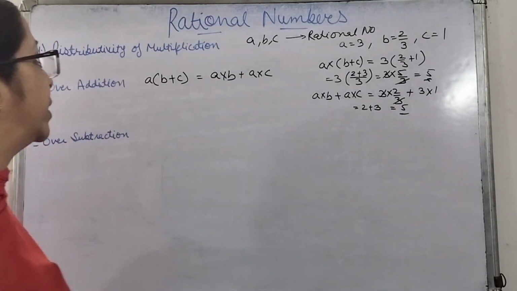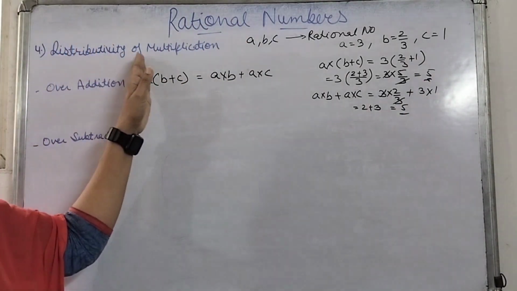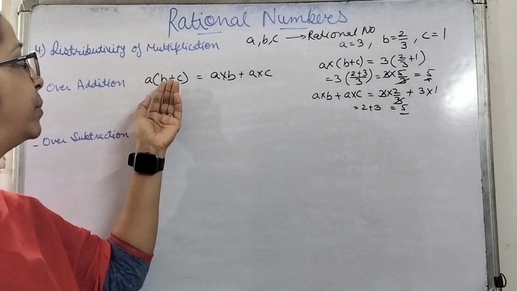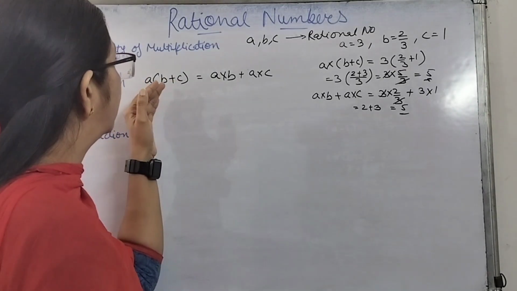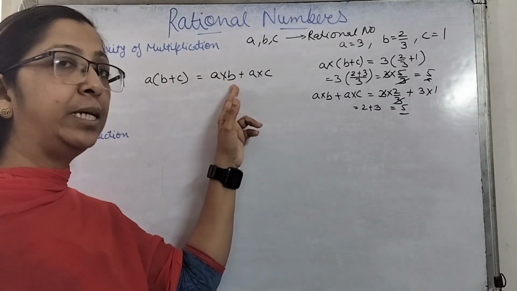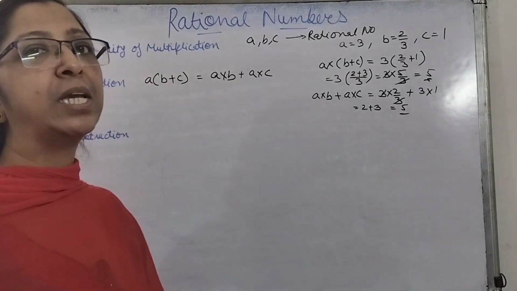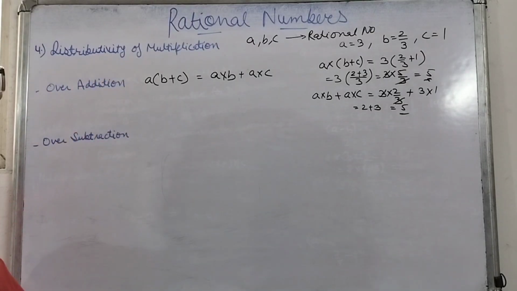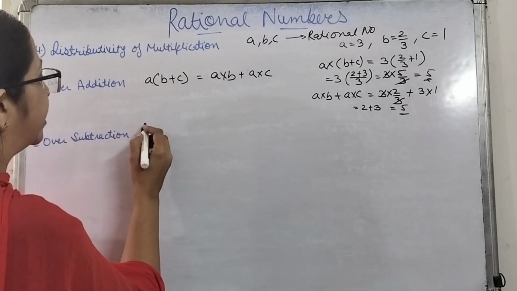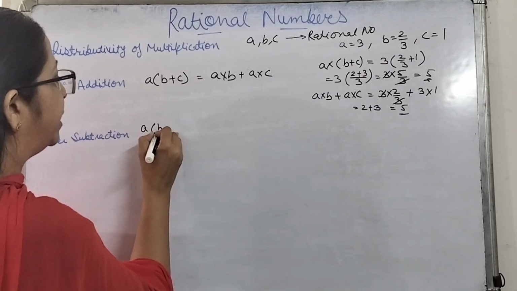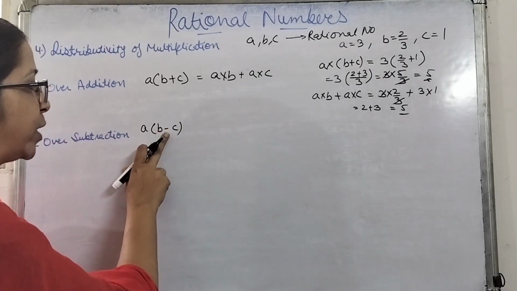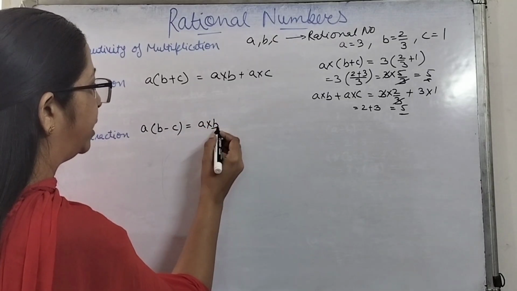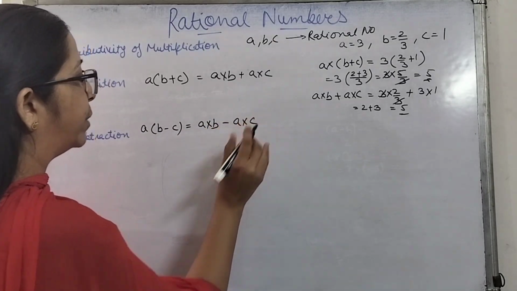So we can see over here that distributivity of multiplication over addition says that A multiplied by B plus C can be written as A multiplied by B plus A multiplied by C. Similarly, what is the property of distributivity of multiplication over subtraction? According to it, A multiplied by B minus C, if there is a subtraction sign in between, can be written as A multiplied by B minus A multiplied by C.